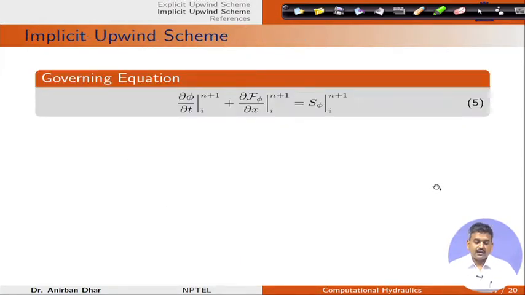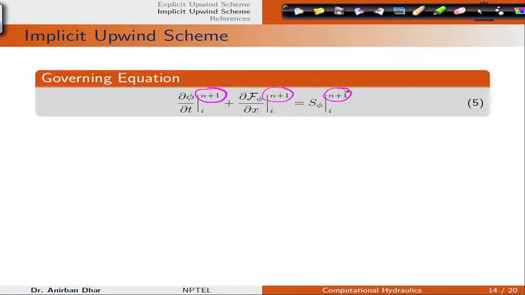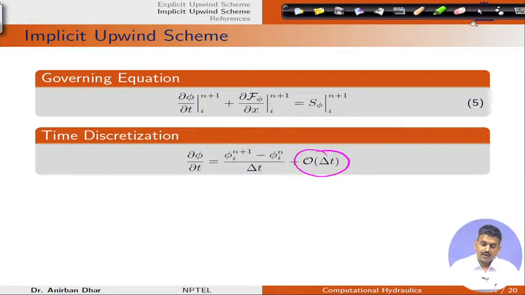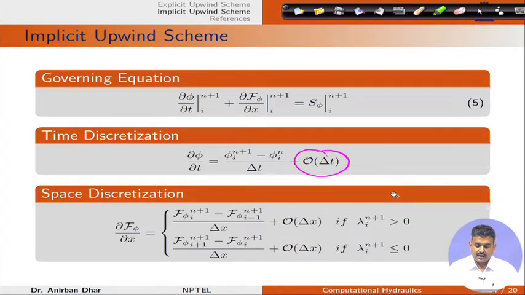Now, if we consider the implicit upwind equation, we are discretizing it at the n plus 1 level. If we consider our time discretization, we have a truncation error of order del t. For space discretization, again the values are at n plus 1 levels, for lambda I n plus 1 greater than 0 and lambda I n plus 1 less than or equal to 0.